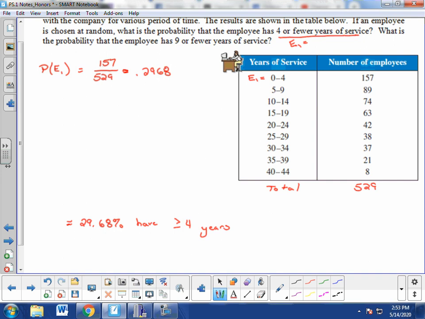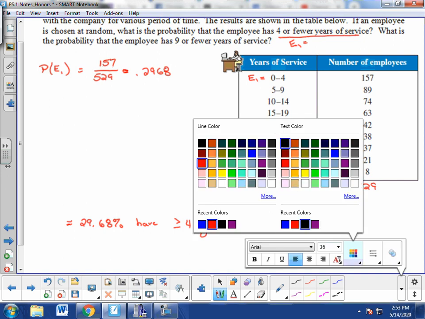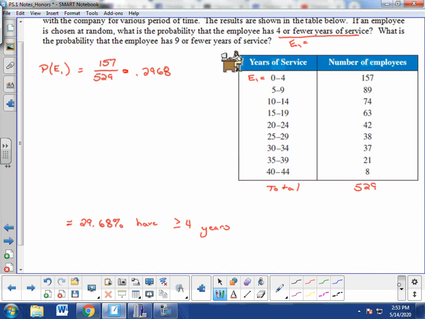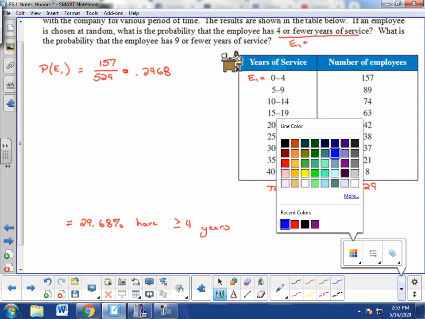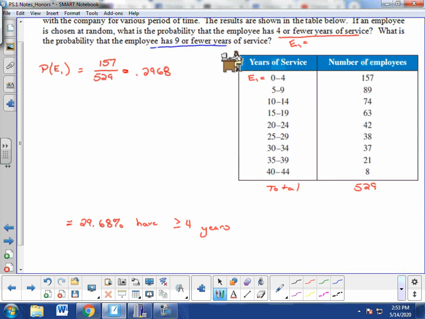Now, the second thing that it asked us for was the probability that an employee has 9 or fewer years of service. If I look at the table, there's no set category that represents 9 or fewer years of service. But what I can do is take event 2 and make that from 5 to 9.